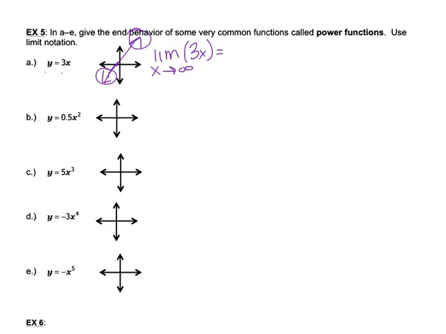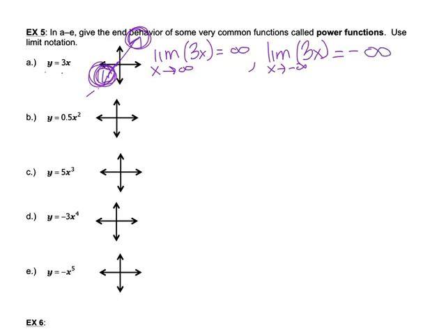And that limit, since it's increasing without bound, is also infinity. And then I would do the other end, the negative end, as x approaches negative infinity. The limit of 3x as x approaches negative infinity equals, so I'm looking at the y value down here, it's going to continue to get negative and approach negative infinity.